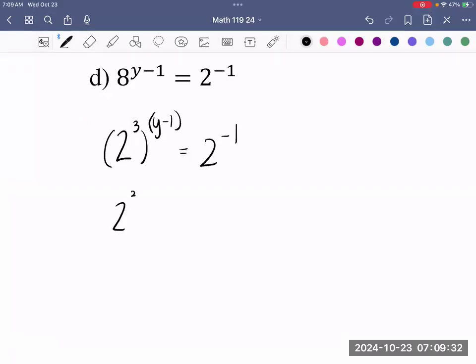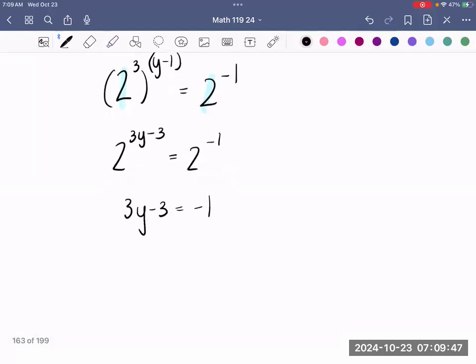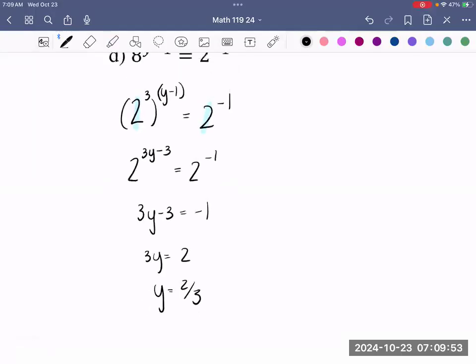We have 2 to the 3y minus 3. We can go ahead and distribute that in if we prefer. And now that your bases match and your exponents are nice and clean, we can bring them down. Add 3 to the other side. Divide by 3. And again, check your solution.